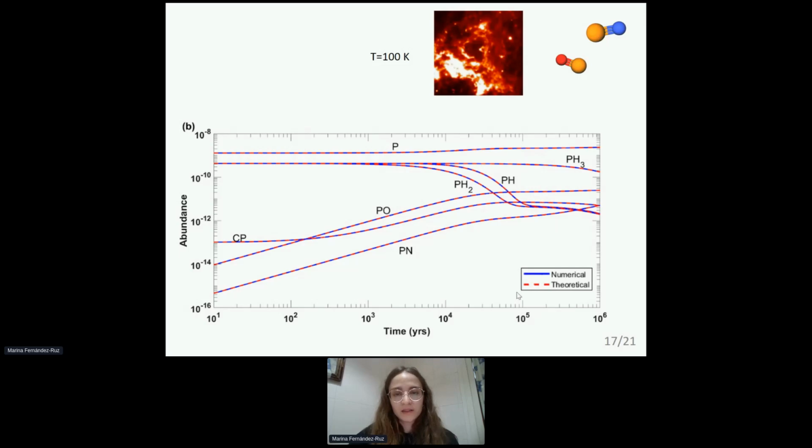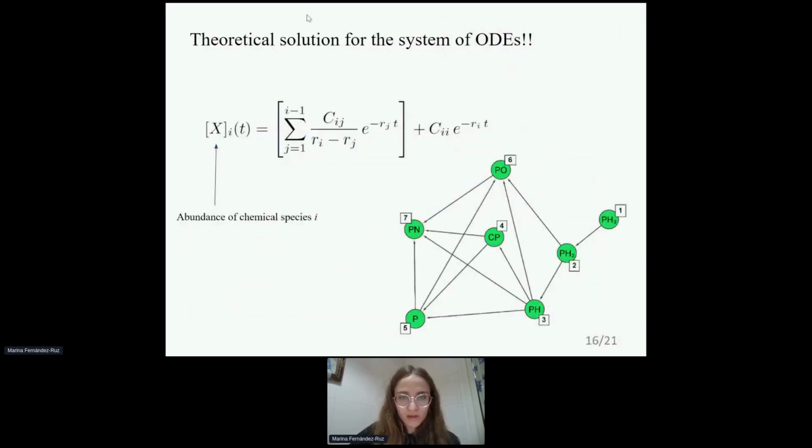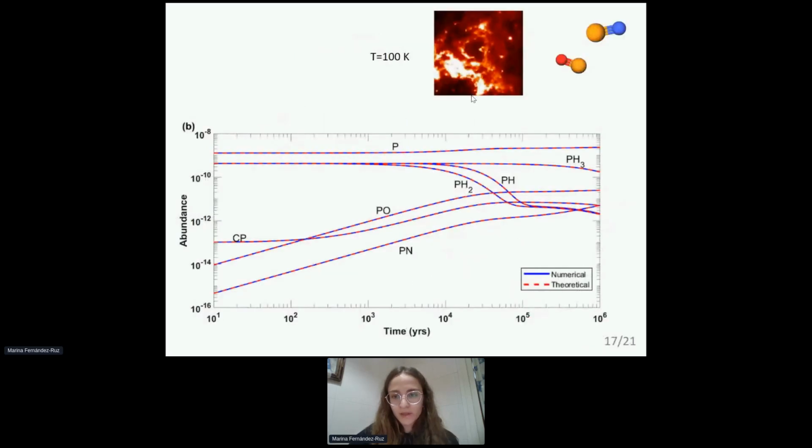The red dashed line is the theoretical solution, calculated with the formula that I presented before. We see that the curves are mainly equivalent, so the approximation is actually working.